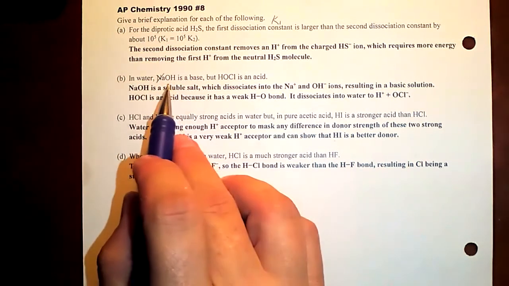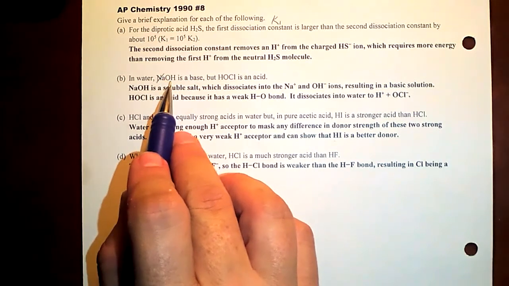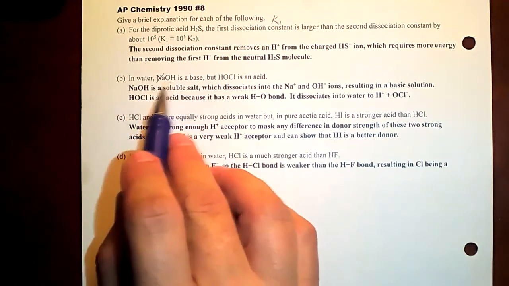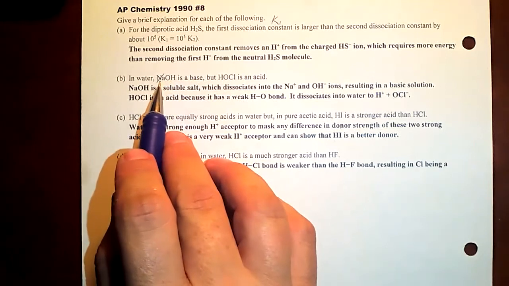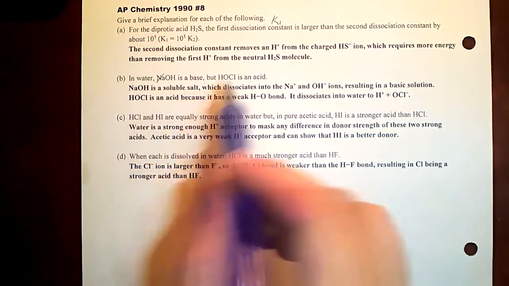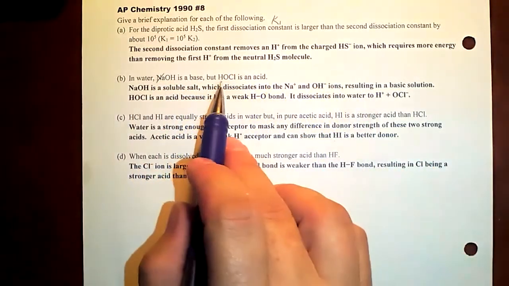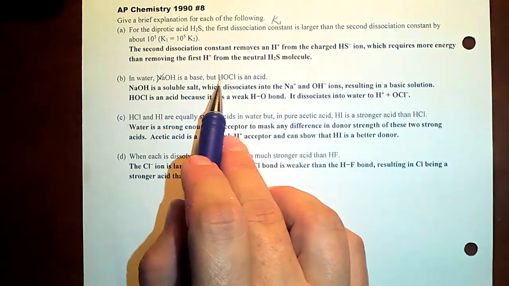And so, yes, you get that is a base. When this comes apart, that is very much a base, and it will make water, of course. And so you need to mention that the OH minus is going to come off because the sodium salts are very soluble, at which point the OH minus will be grabbing H pluses and being a base. And this one will be donating H even to water, sometimes making H3O plus.